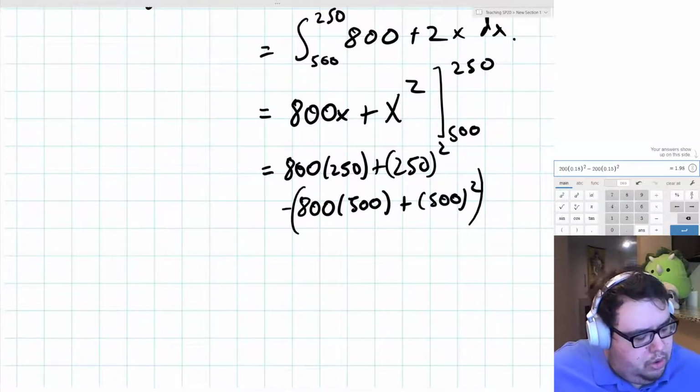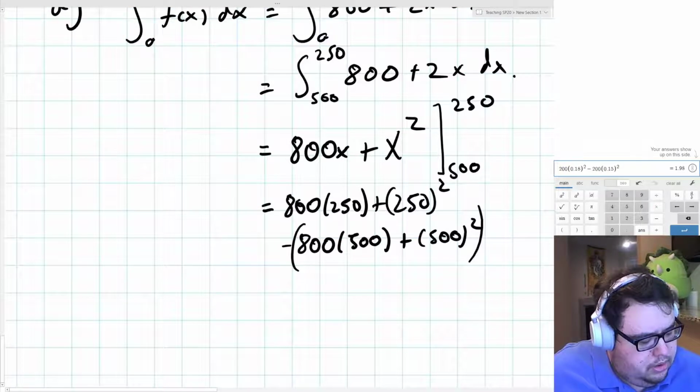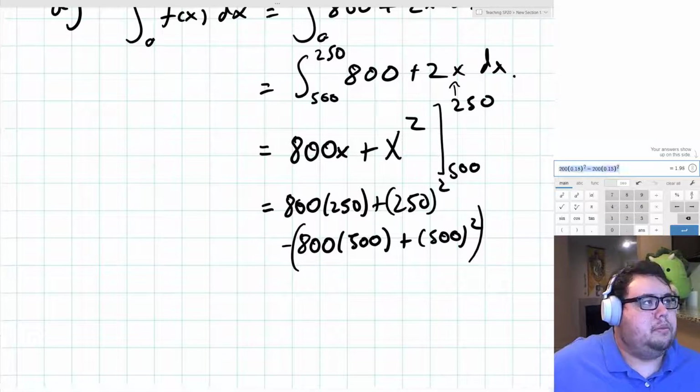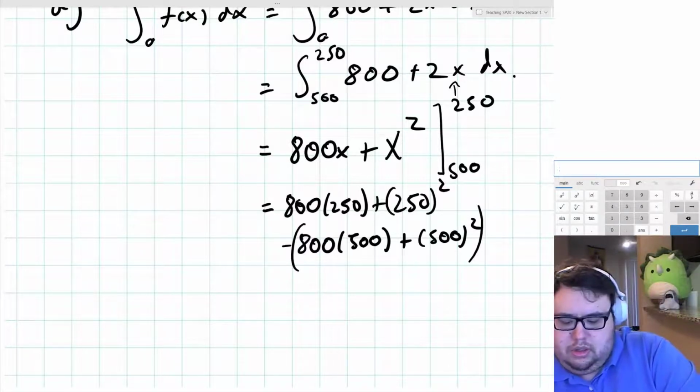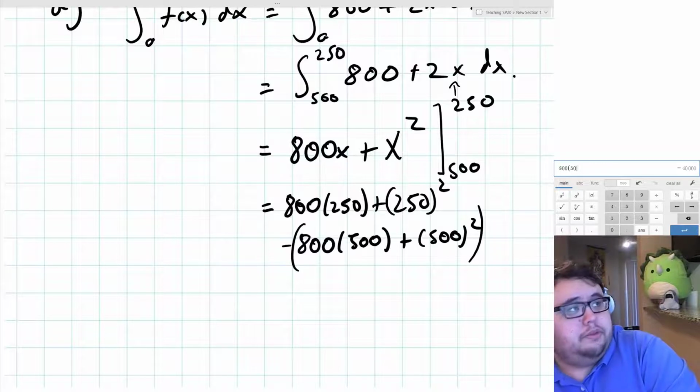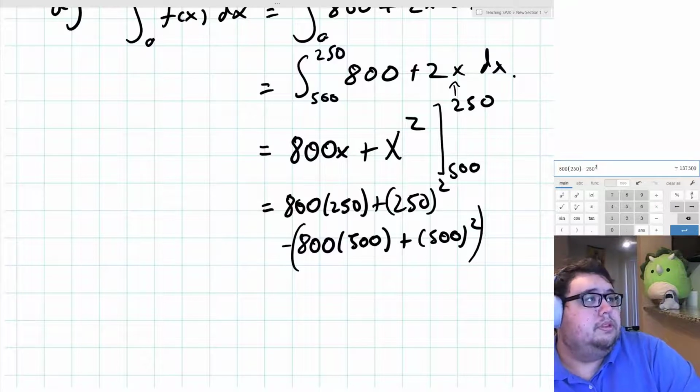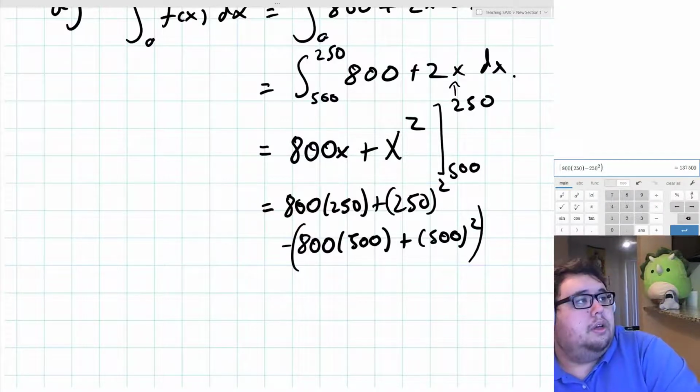Well, it was already multiplied by 2, right? It was 2x. Yep, that's okay. So that'll be 800 times 250 minus 250 squared minus, or that shouldn't be minus, that should be plus.